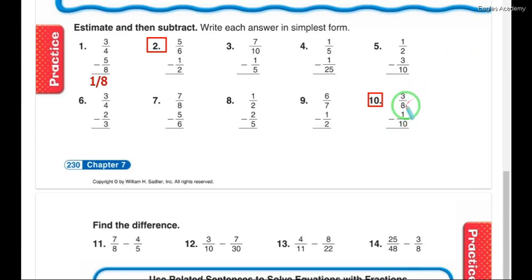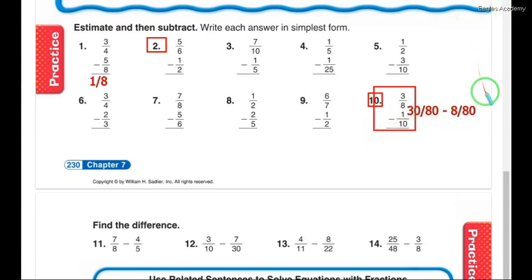Okay, so you need to multiply the 8 by 10, the 3 by 10, and the 1 by 8, and the 10 by 8. So here we have 3 times 10, that's 30. This will be 30 out of 80, minus 8 out of 80. This sentence is the same as this sentence.